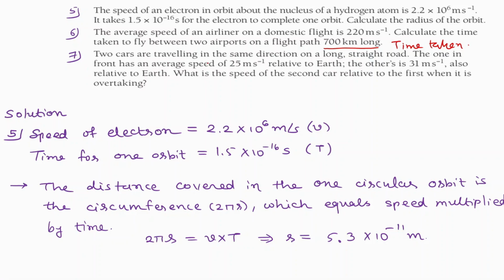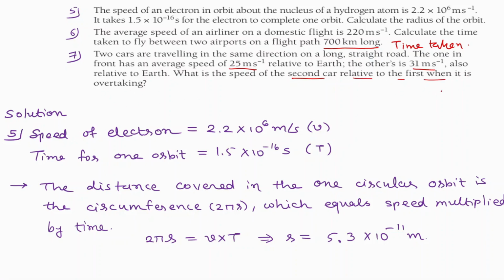In question number 7, two cars are traveling in the same direction on a long straight road. The one in front has an average speed of 25 meters per second relative to the Earth. The other is at about 31 meters per second, also relative to the Earth. What is the speed of the second car relative to the first when it is overtaking?